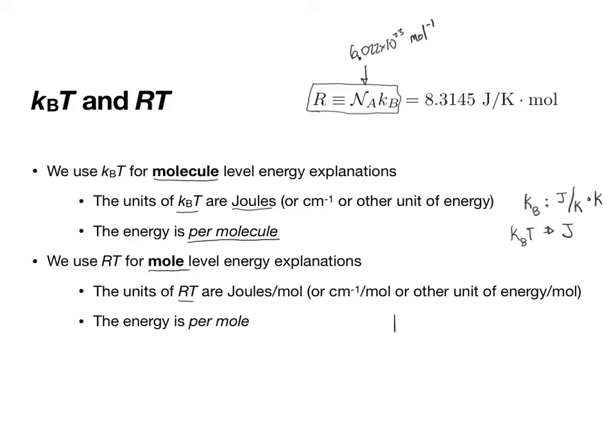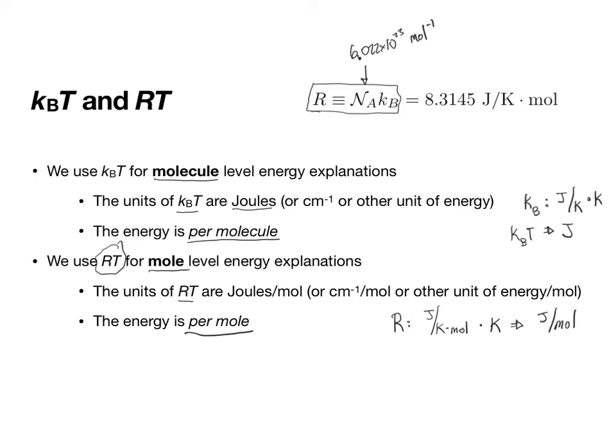In this, R has units of joules per Kelvin times mole. And if we multiply this by temperature in Kelvin, it gives us units of joules per mole. And so we use RT in our expressions whenever we are thinking about mole level things.